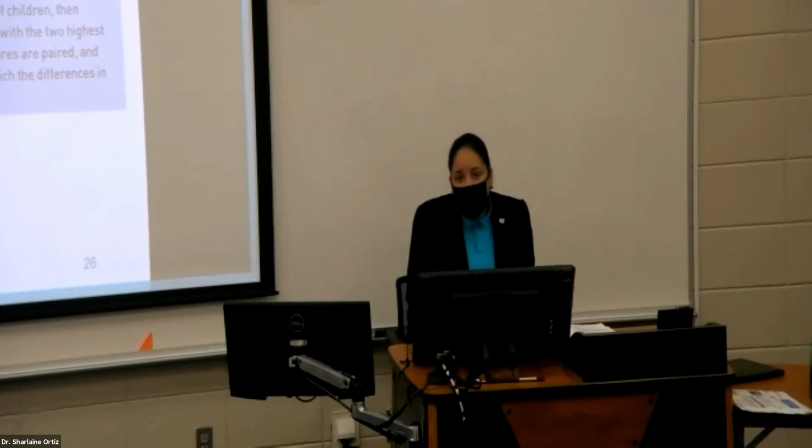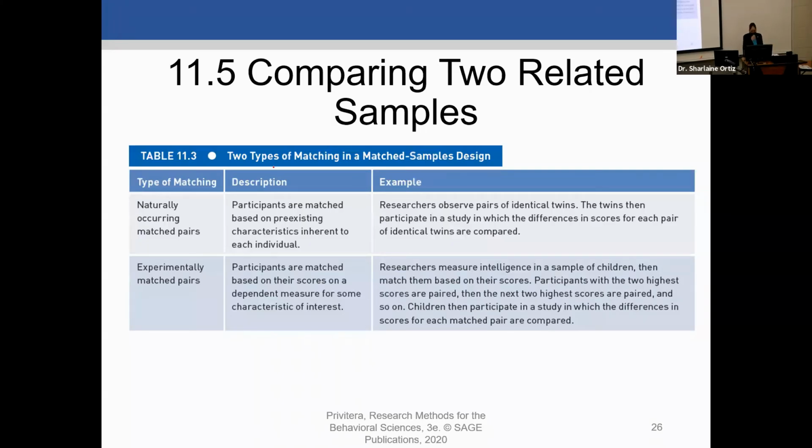Now, if I revert your attention back to your screen, to your slides, I want to discuss in a little more detail what matching entails. We are going to cover two specific types of matching. The first one is matching that occurs naturally, pairs that come from a natural sense.